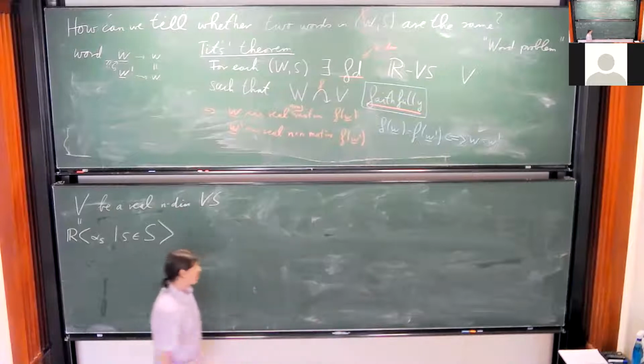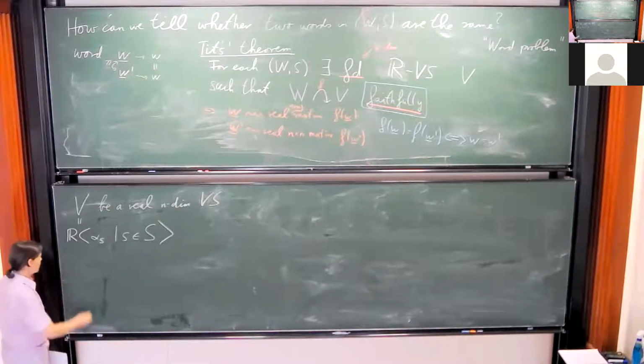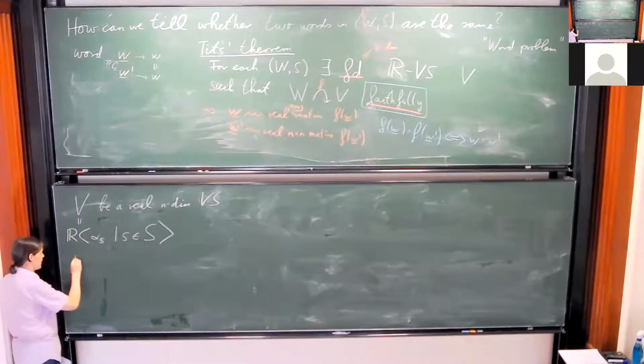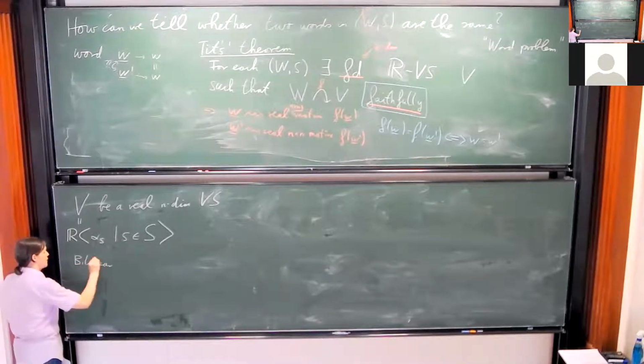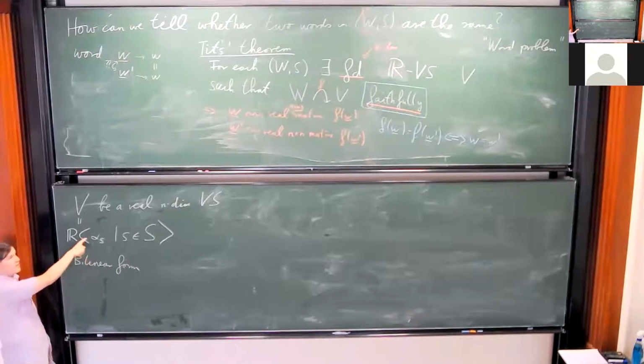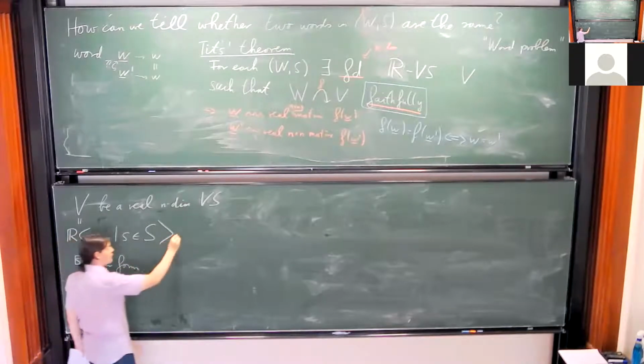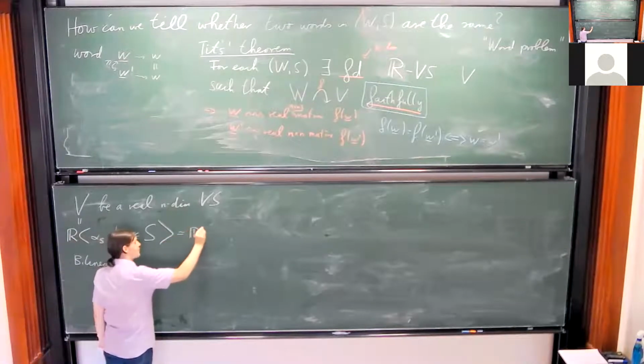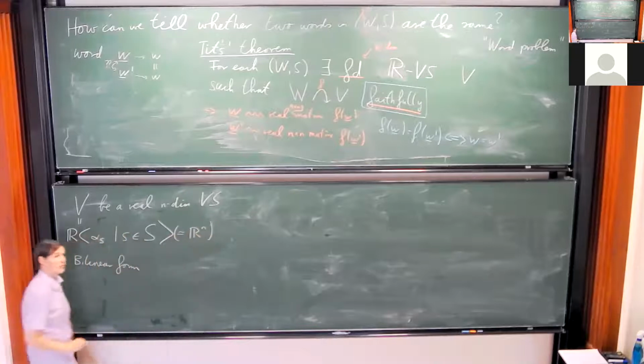I need to cheat because I always get my signs wrong. I want to define a pairing, a bilinear form, which is not quite the standard one. So you shouldn't think of these as being standard vectors in R^n. This is of course isomorphic to R^n, but that's kind of not the point I want to take.